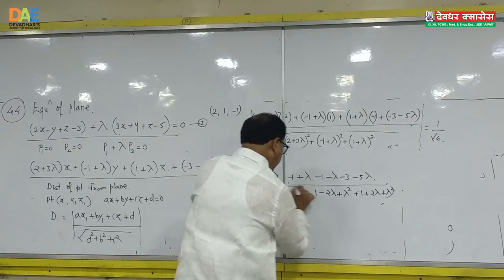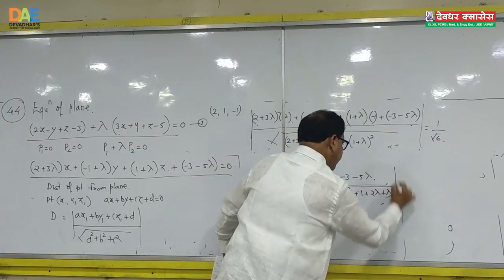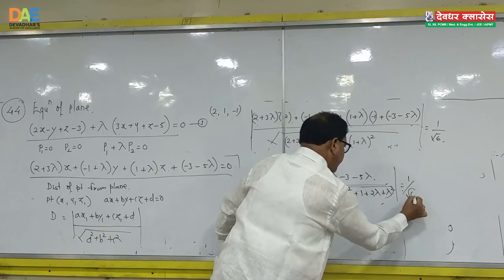This is totally in the root, equal to 1 upon root 6.